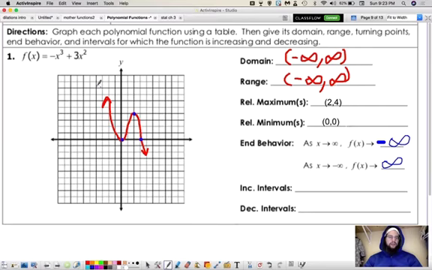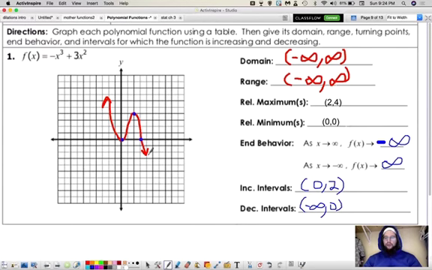So going from left to right, we're going down, down, down, down until we get to the 0. Again, we're looking at the x values here. So I'm decreasing from negative infinity to 0. All right, up, up, up, up, up. 0 to 2 is where I'm going up. Down, down, down. Oh wait, I'm still going down.